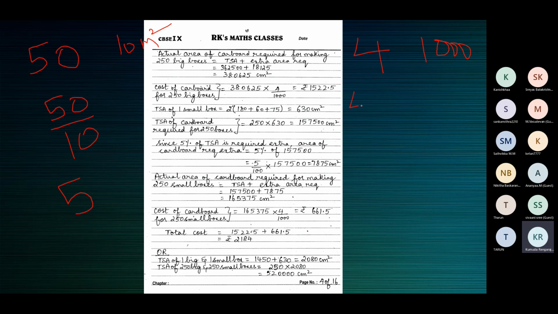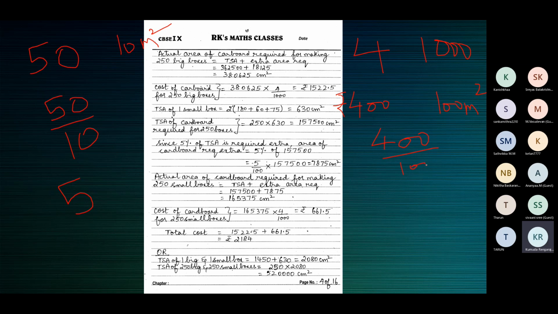Like 400 rupees for 100 meter square. I want the rate for 1 meter square. So for 1 meter square, it will be 400 by 100.